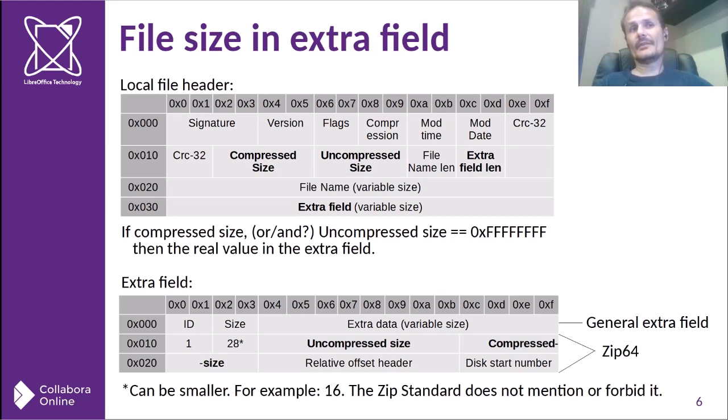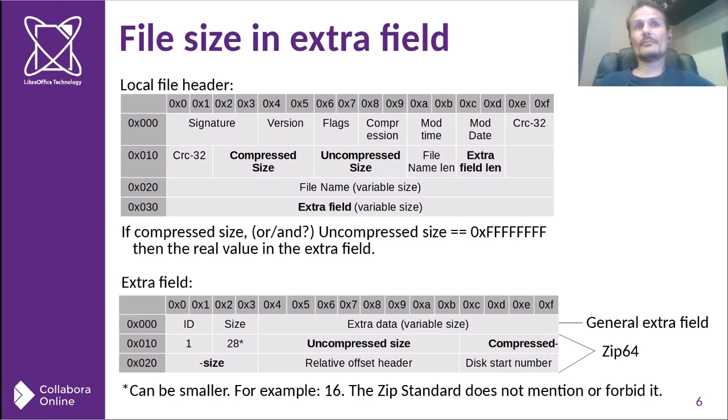That is again a strange thing in the standard. It doesn't mention that this can be smaller. It doesn't even mention that it has to be 28 bytes. It just lists what kind of fields are there, and that's all.